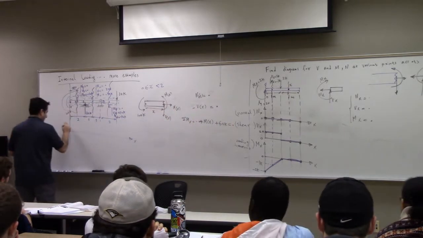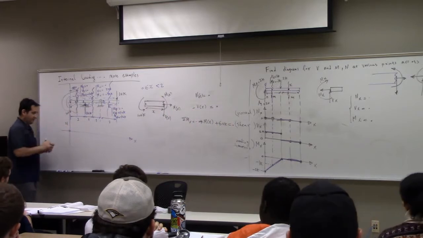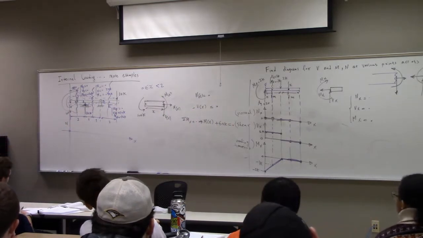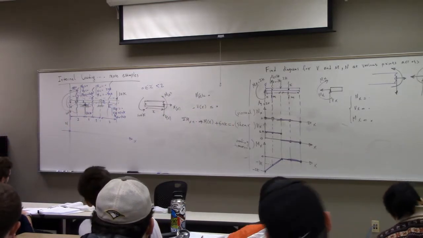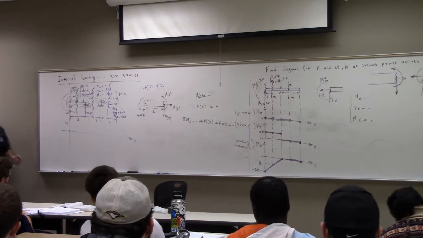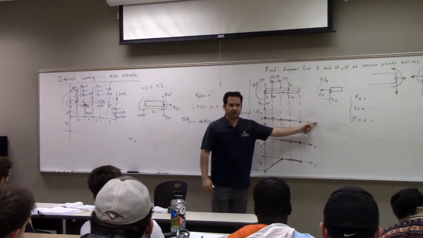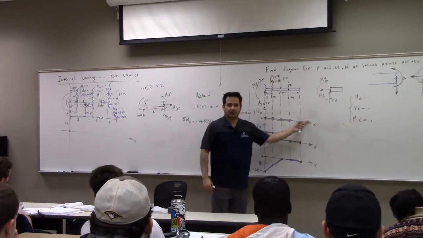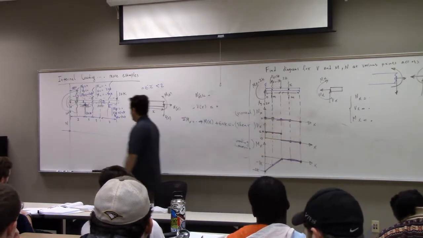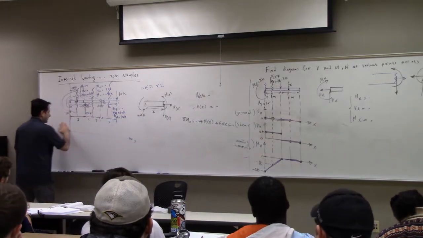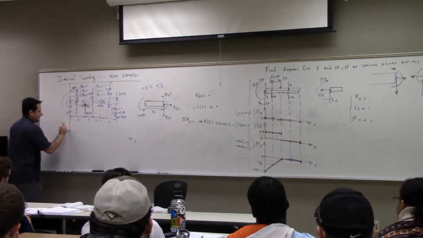When I want to do the diagrams, first of all, let's not do N, because N is always 0. So I don't occupy extra space on the whiteboard just for showing the normal force diagram, because it's identical to 0. So I just consider the first diagram to be the shear, V at x.